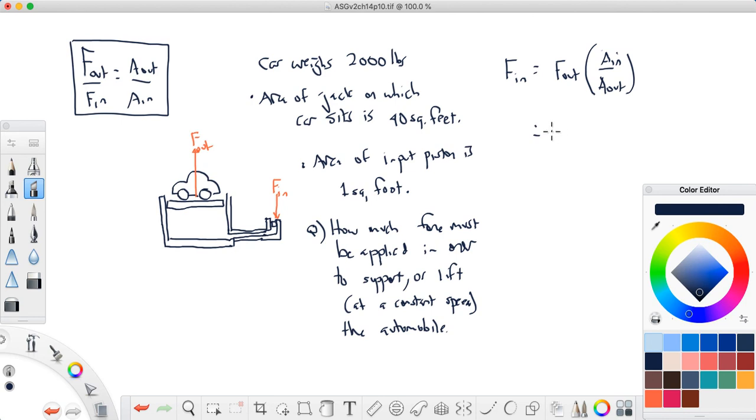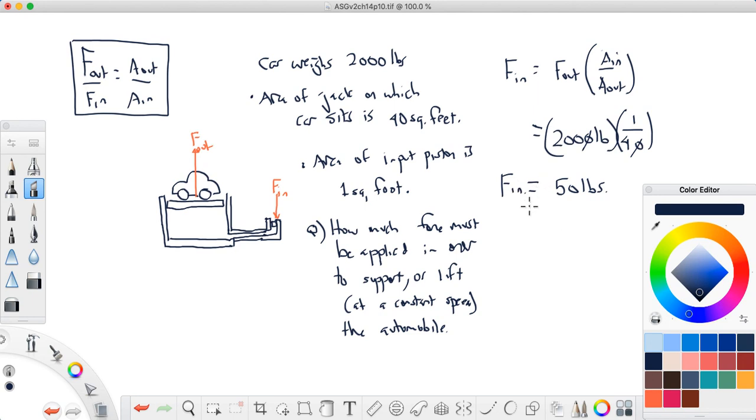Oops, I got those reversed. So if I want to lift a 2,000 pound automobile, then I just have to multiply by the ratio of the input area, 1 over 40 square feet. And so 2,000 divided by 40, well, I get rid of a 0, and it's 200 divided by 4. I only need 50 pounds in order to lift a 2,000 pound automobile.